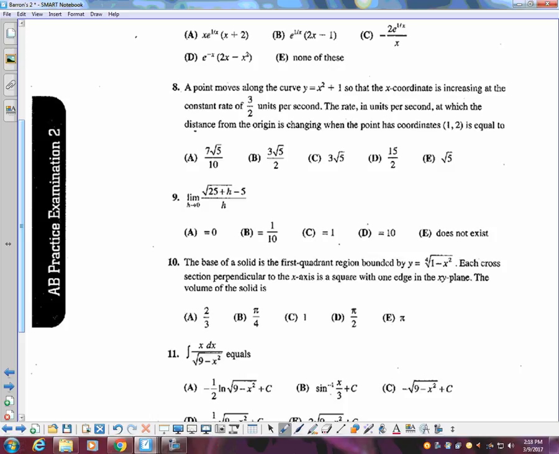It was some good stuff. Some good algebra. All right, so here we go. What's root of cow times root of cow? So 25 plus h.